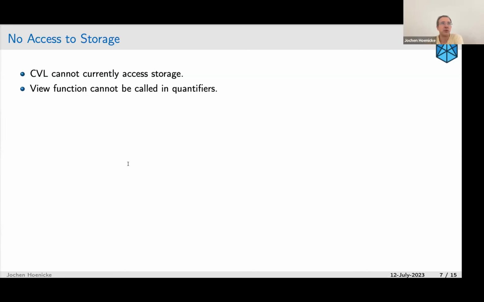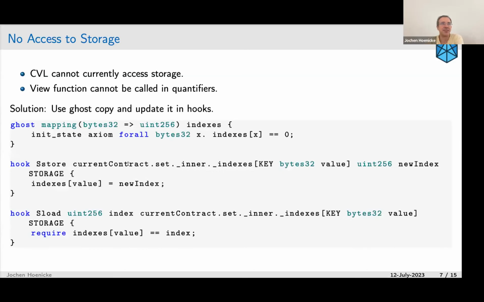So what we can do is use a ghost copy. We can add to our specification arbitrary ghost state. This ghost state is similar to the storage of a contract, but it's only visible by the spec. So you can use it in quantifiers and you can use it everywhere in your spec.